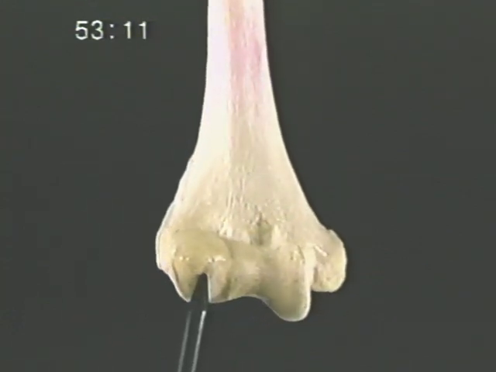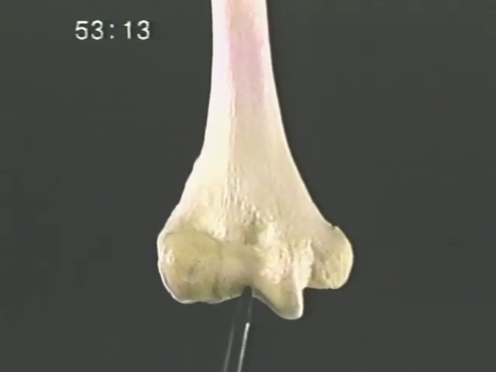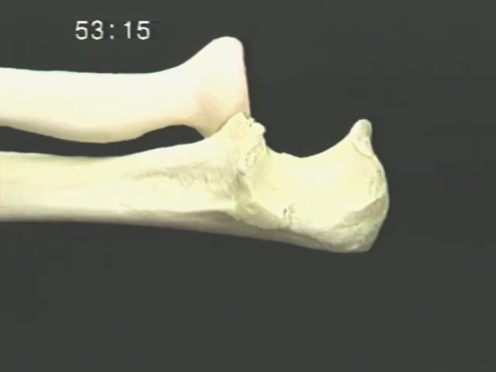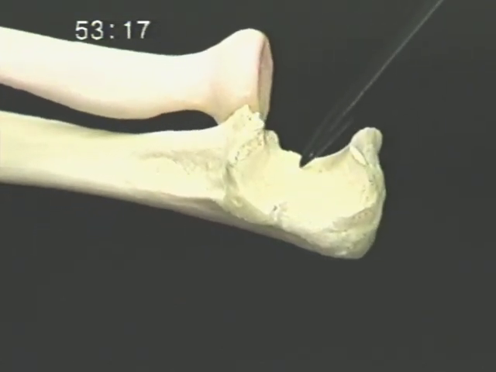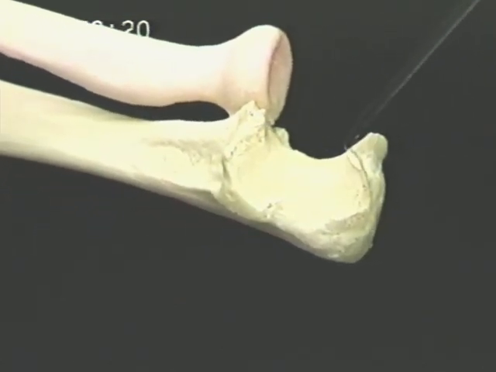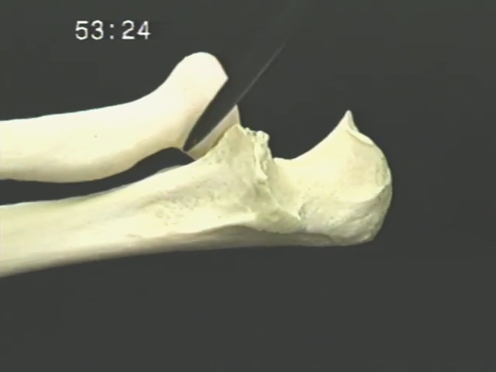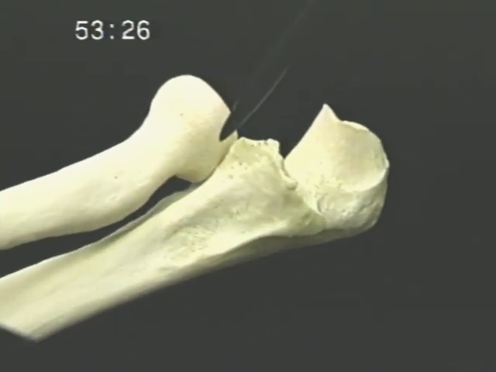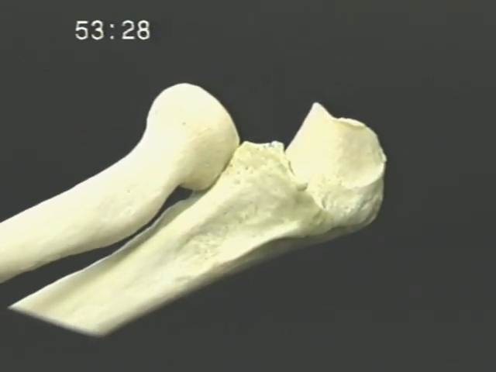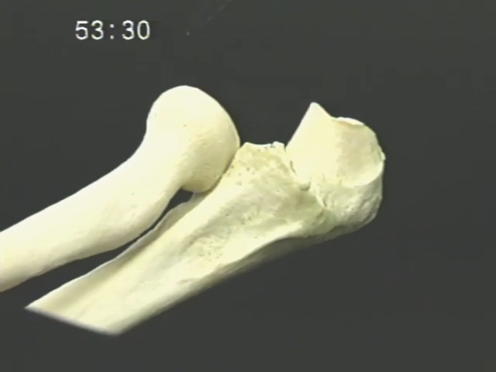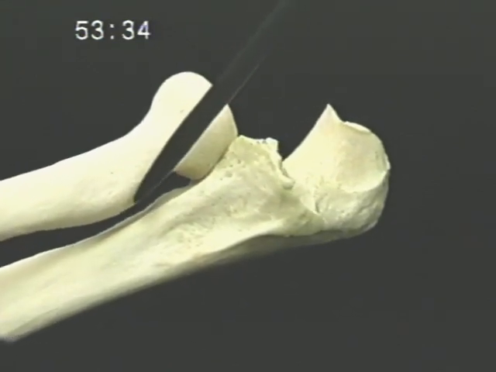Here's the capitulum and the trochlea. On the proximal ulna, here's the trochlear notch, the olecranon, the coronoid process, the ulnar tuberosity, and the radial notch. On the proximal radius, here's the head, the neck, and the radial tuberosity.